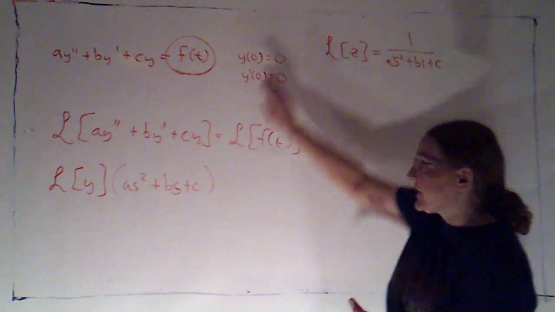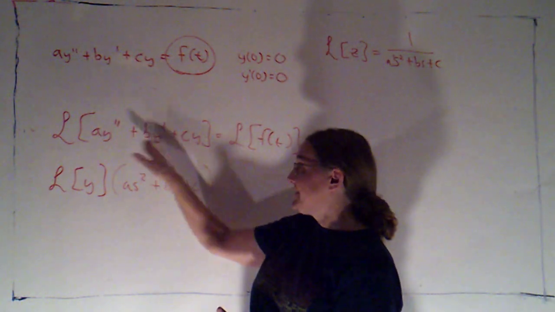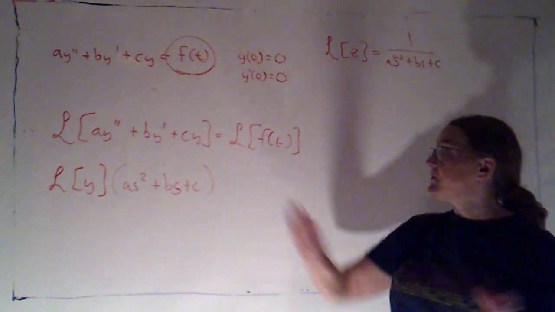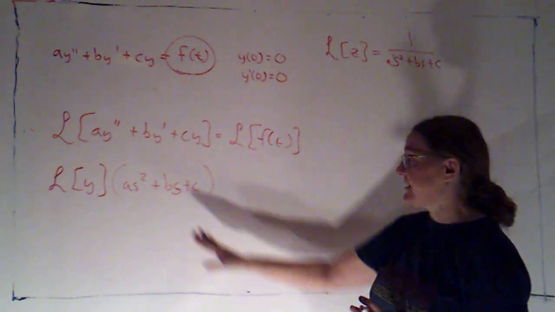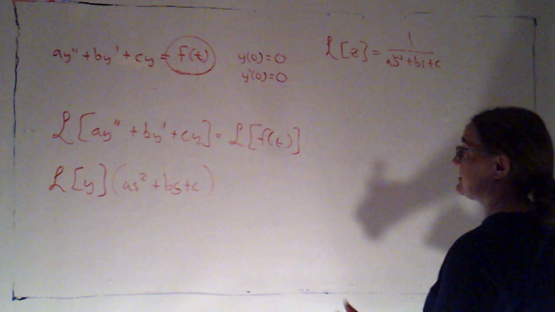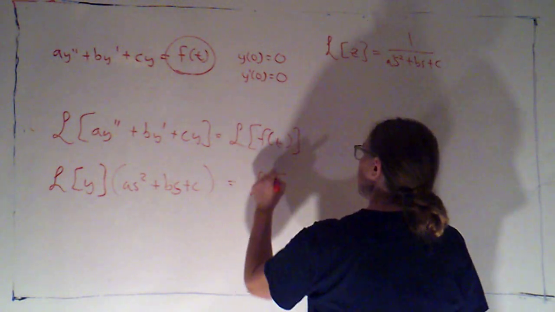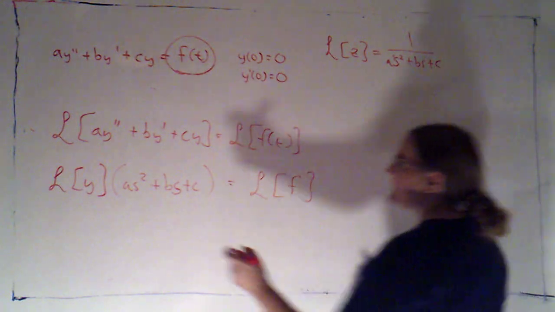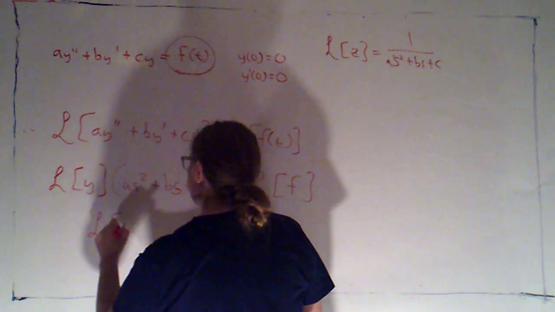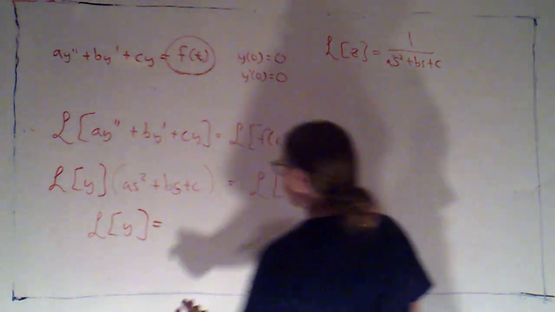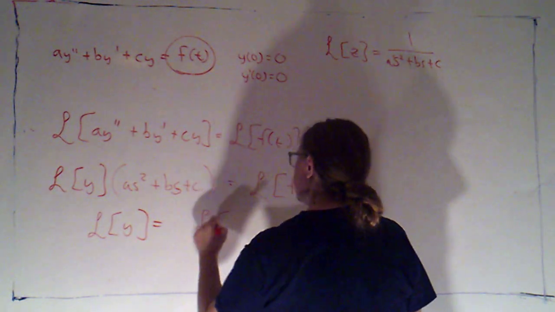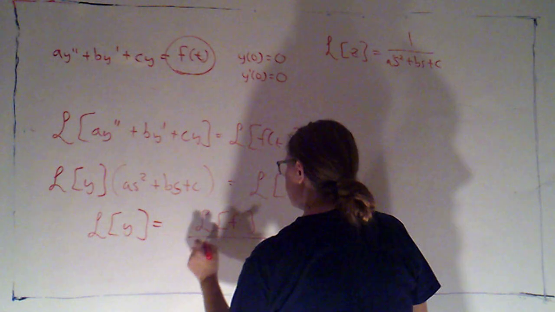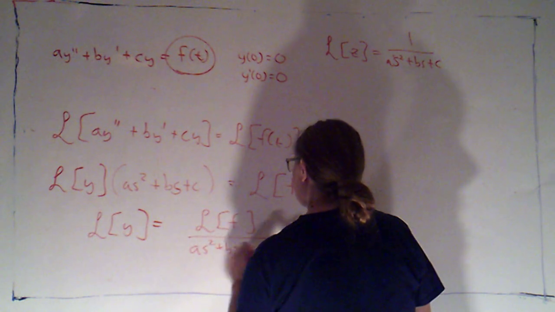Because otherwise, when I apply formula 11 once here and twice here, I'm getting some constants thrown in there. So this initial condition guarantees that I don't get any extra constants. And then this would just be the Laplace transform of f. But that means the Laplace transform of y is just the Laplace transform of f divided by as squared plus bs plus c.